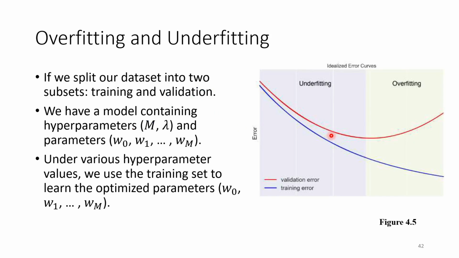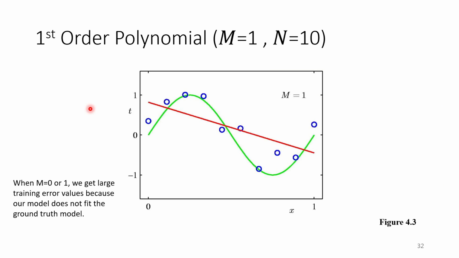Okay, so this is what the author wants to talk about. It's called overfitting and underfitting. For the case when M is small, say this case and this case, you can see the data error is very large.